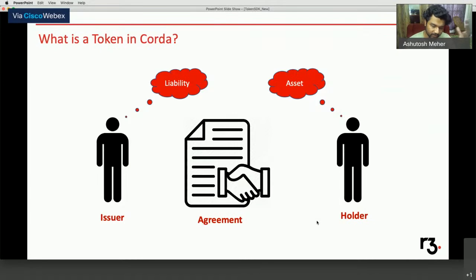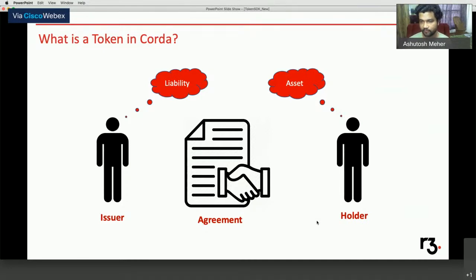Well, one is it's a digital representation of an asset, which I already said. But if you think of it in a broader or deeper sense, then a token in Corda is more of an agreement between two parties, an issuer and a holder. From the issuer's side, you could think of it as a liability, and from the holder's end, you could think of it as an asset, right? That's because the issuer who has issued that particular token is saying that whoever is holding this token could come back to me and redeem the sum or all the value of the underlying asset that token represents.